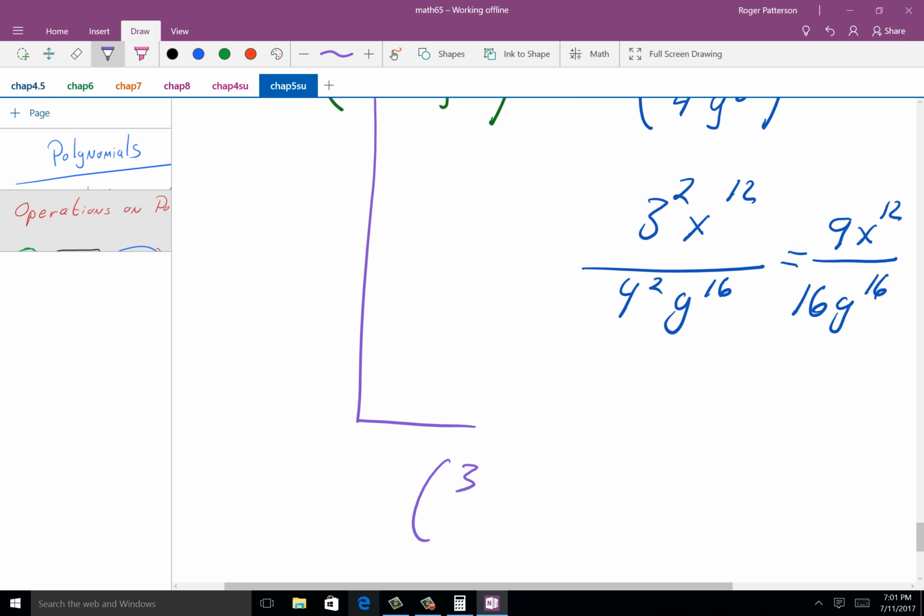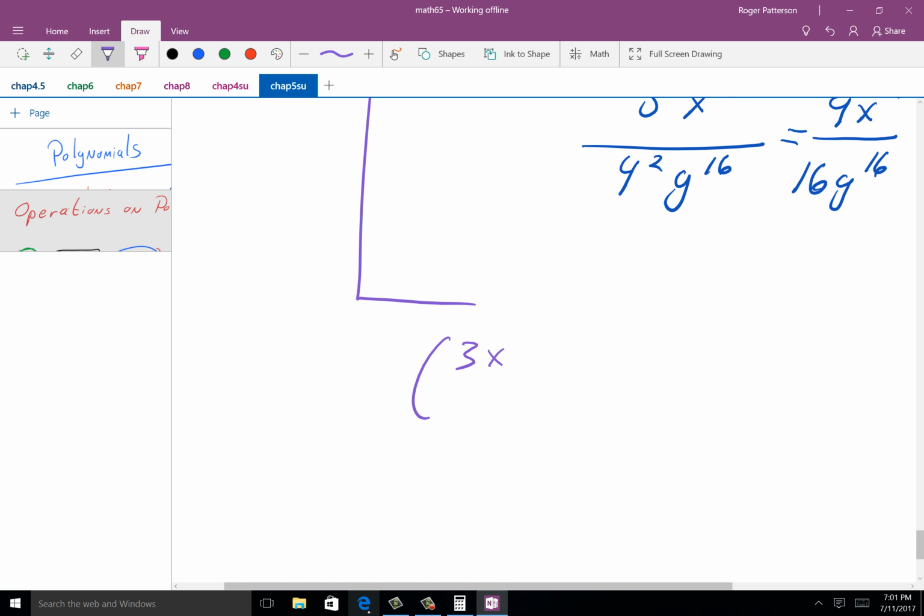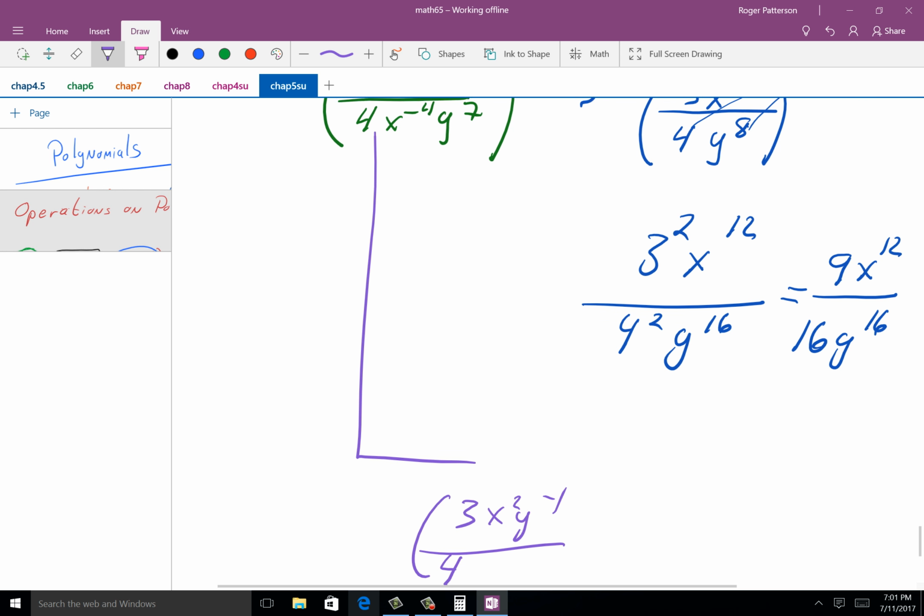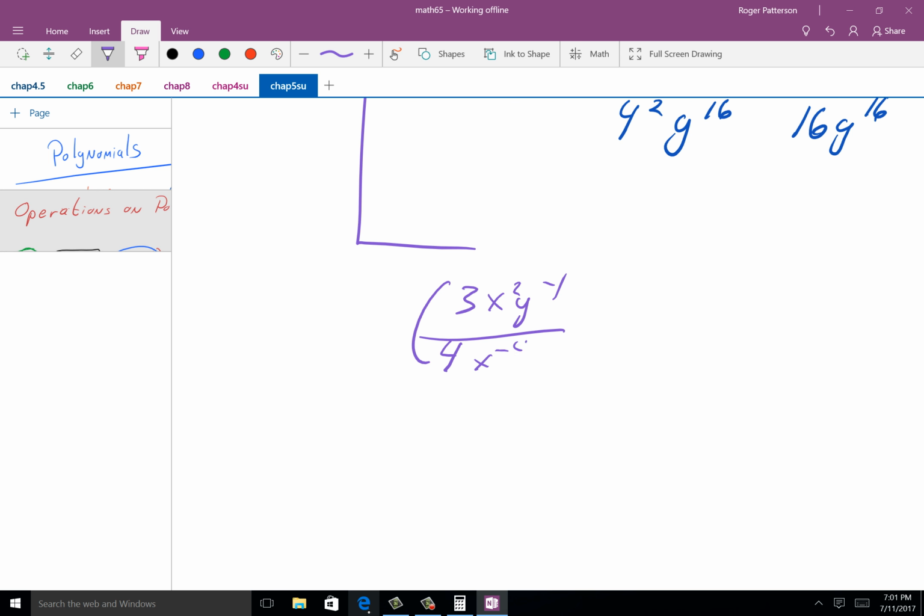let's see, what was it? 3 x second y -1 over 4 x to -4 y to the 7th, to the 2nd. The other option would be to do the power first.